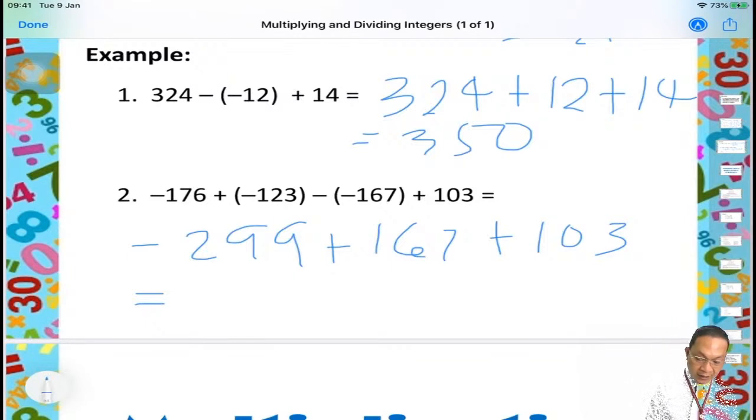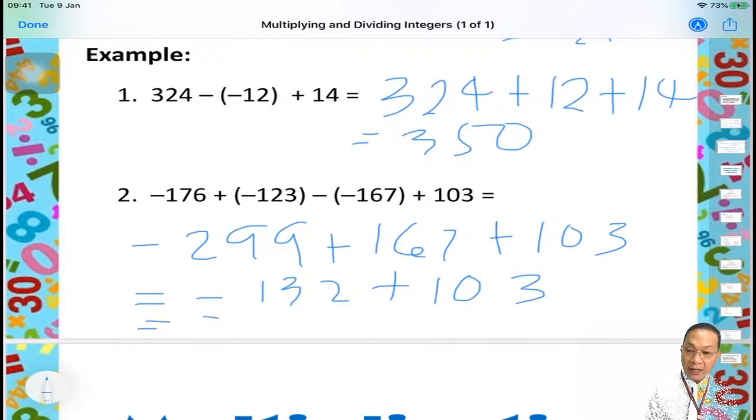We have negative 132 plus 103 is equal to negative 29.